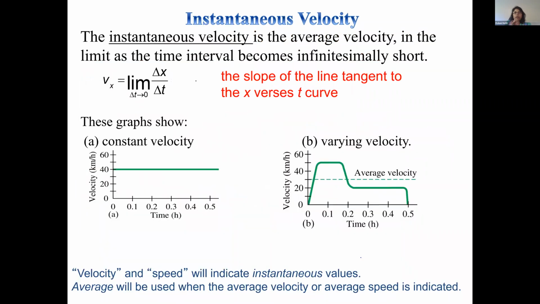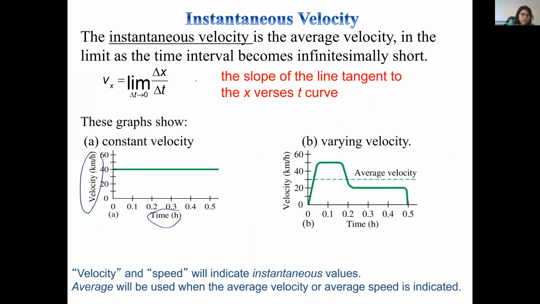Okay, and now instantaneous velocity is a little different from the velocity. Instantaneous velocity means velocity over a very small time interval, or velocity at that instant. We call it instantaneous velocity, right? It's very easy to understand by watching this diagram. I have velocity as a function of time here.